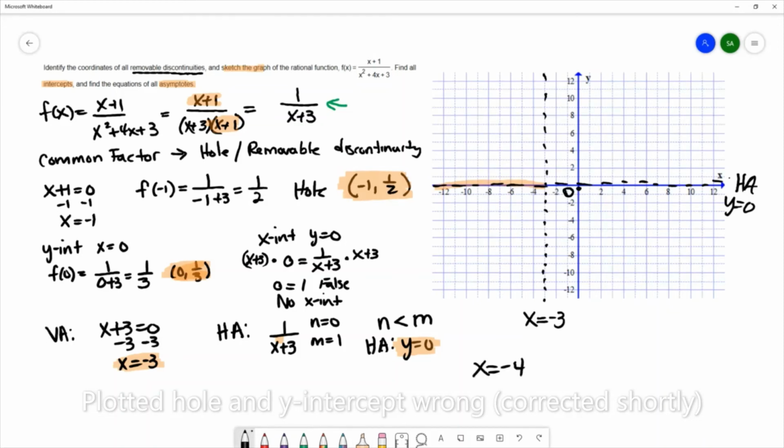If I let x equal -4 and substitute that into my function, that would be 1 over -4 plus 3. That's 1 over -1, which is -1. So at -4, I get -1.